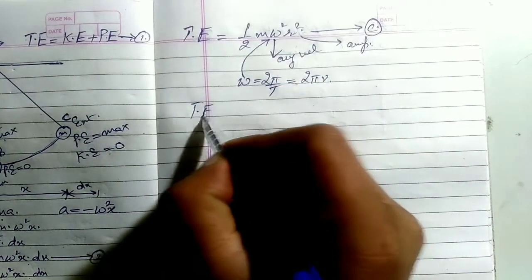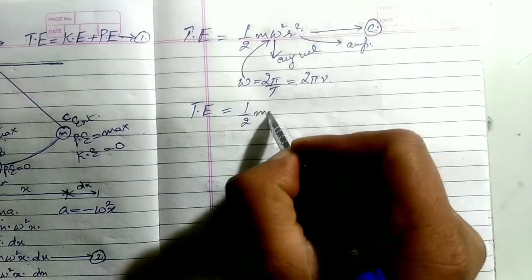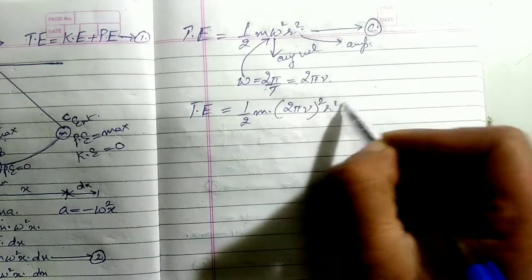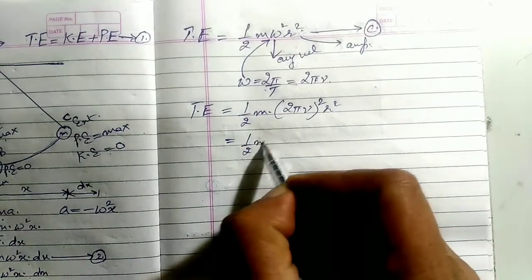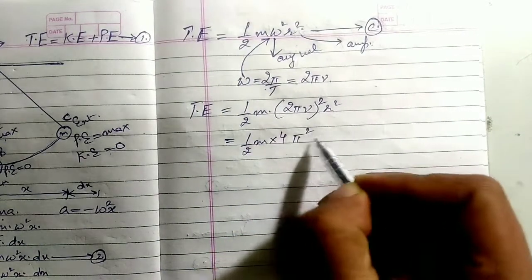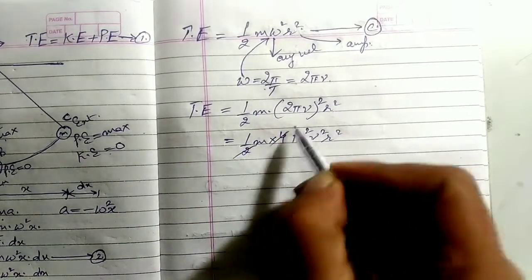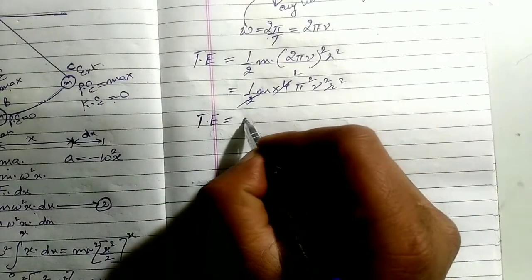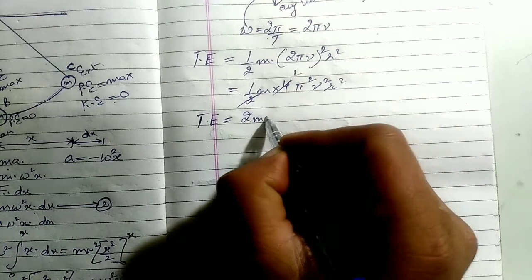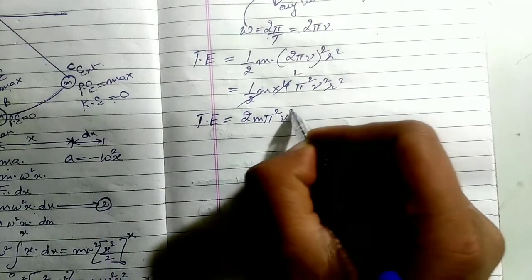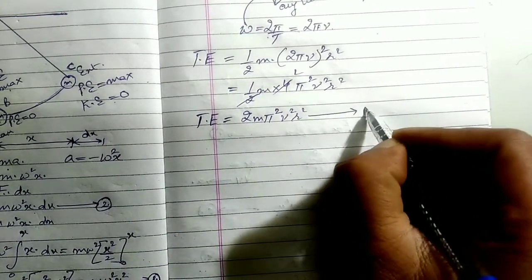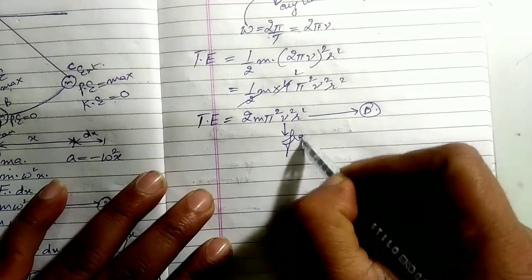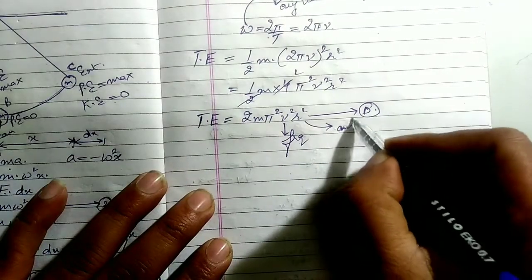Therefore total energy is equal to half m into (2 pi nu) whole square into r square, that is equal to half m 4 pi square nu square r square. So total energy is equal to 2 m pi square nu square r square, which is equation number D. It is in terms of frequency and amplitude.